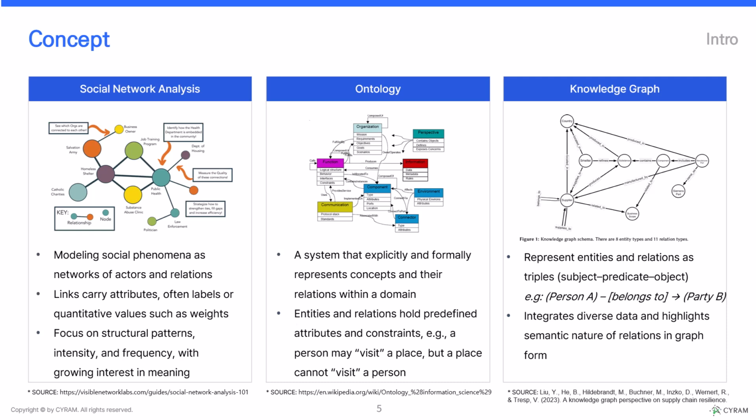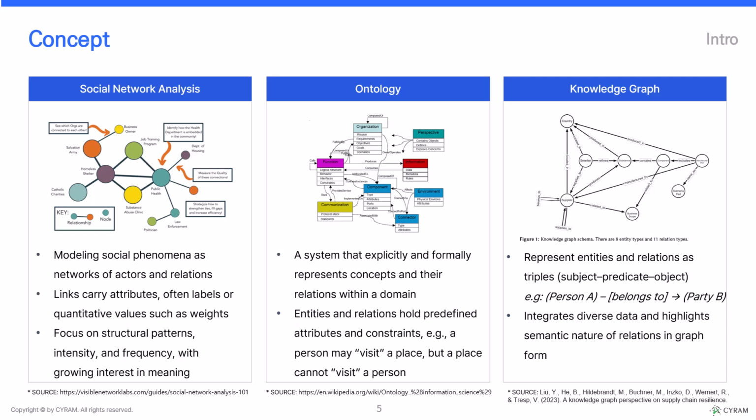A knowledge graph is similar to ontology, but much more flexible. It usually expresses relationships as triples: subject, predicate, object. What counts as an entity or a relation can change depending on context. It pulls together data from many sources and focuses on what the relationships actually mean.